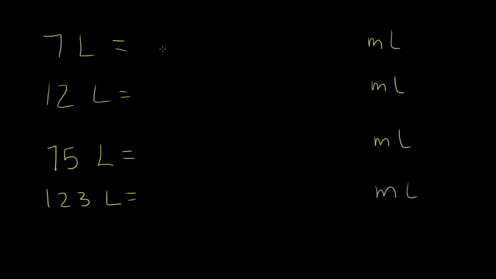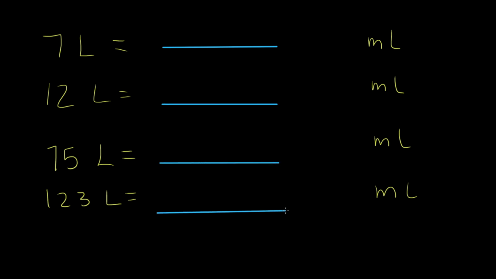What is the rule for multiplying these conversions? We know, remember, a milliliter is 1,000 times smaller than a liter. So what do we need to do then in order to find how many milliliters are in all of these liters?